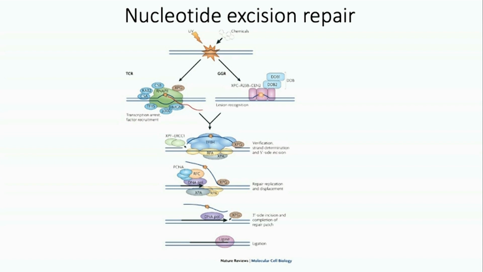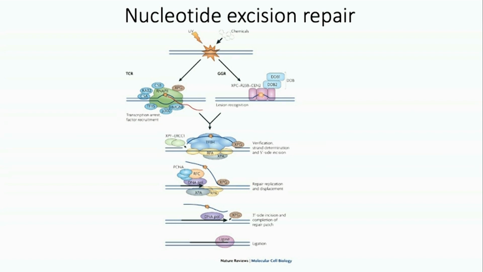The second branch is when the lesion is detected during transcription: RNA polymerase stalls on the lesion, and a lot of proteins are recruited to perform repair.